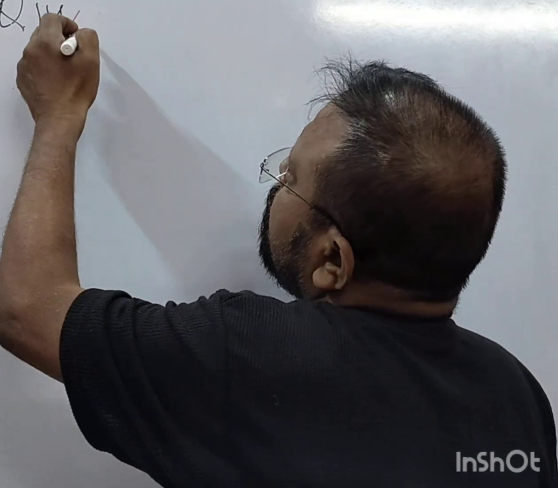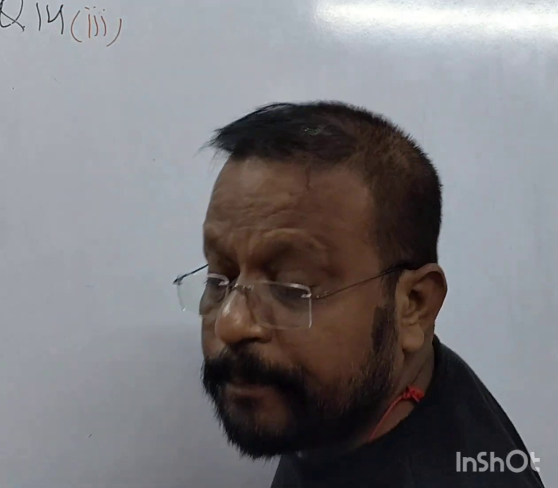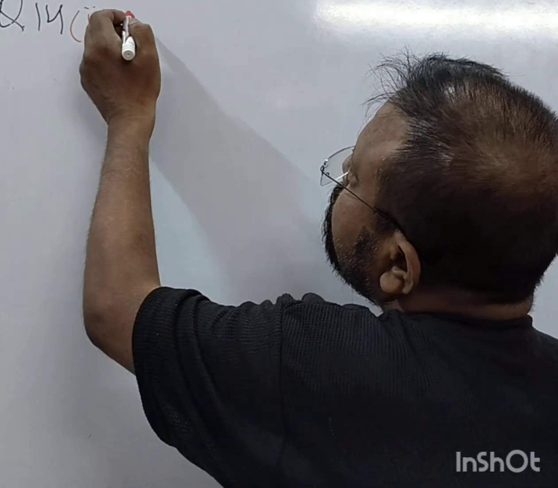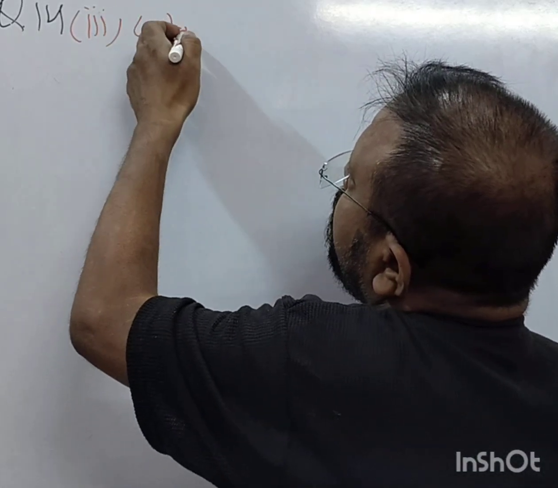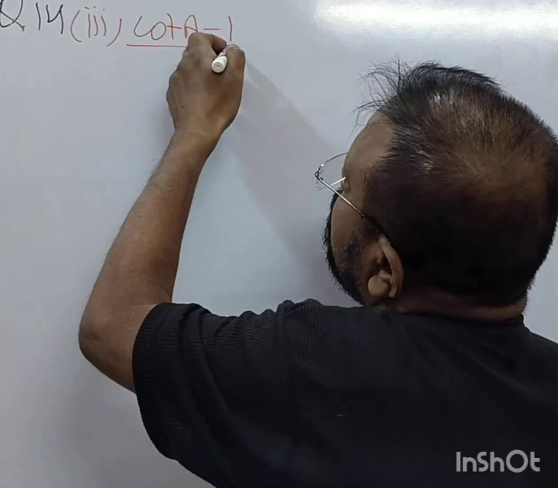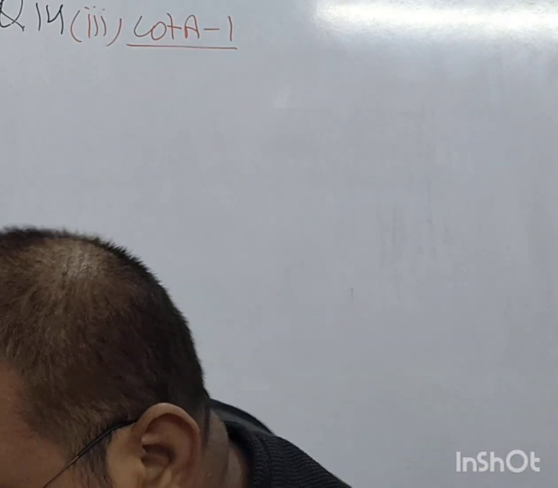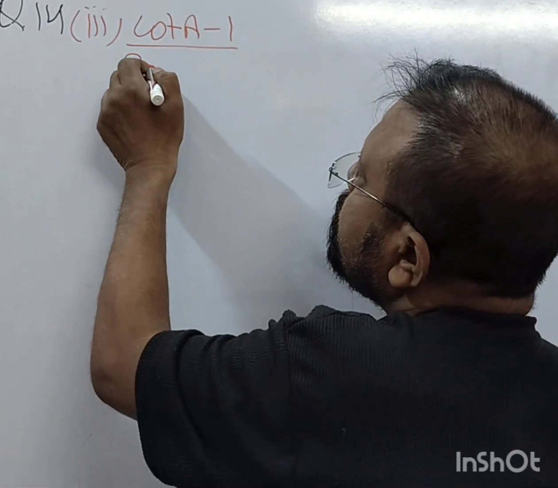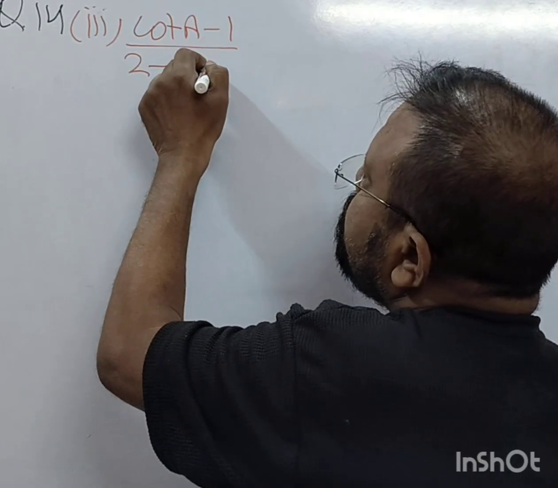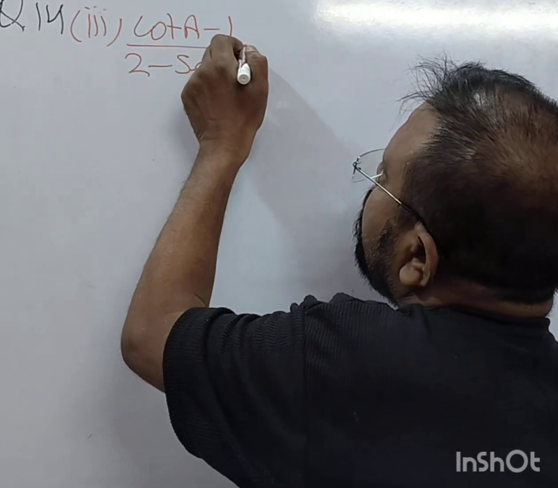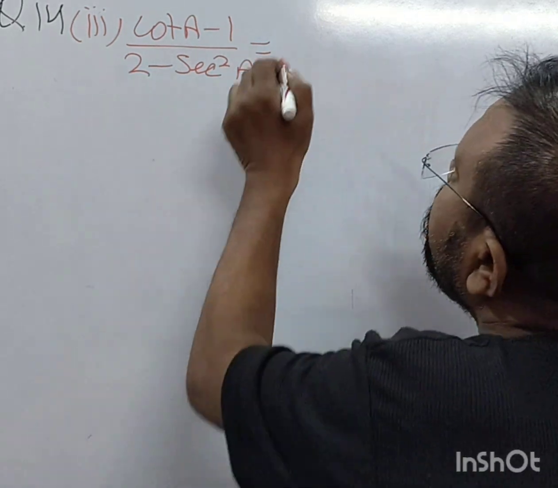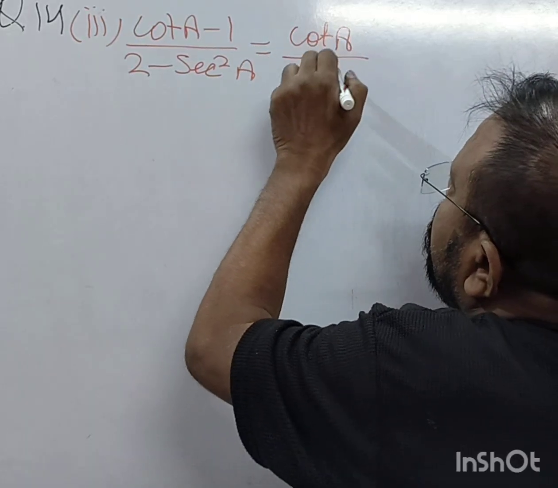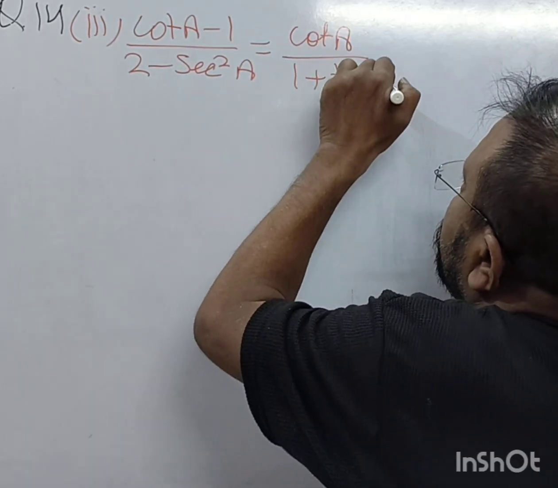Third part is cot A minus 1 upon 2 minus sec square A is equal to cot A upon 1 plus tan A. Right?